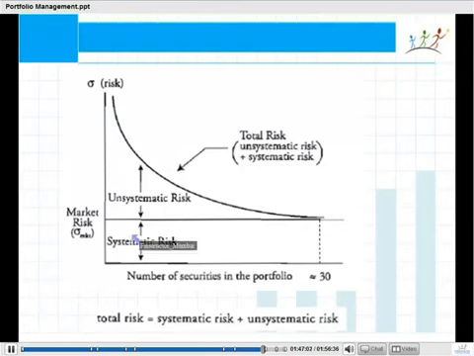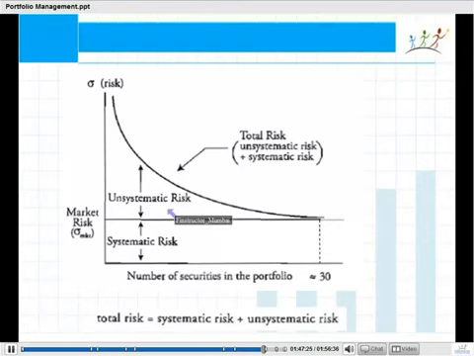However, as you add more and more stocks to your portfolio, the systematic risk you can do nothing about. The systematic risk will still remain. However, the firm specific risk will keep on reducing because diversification is happening.